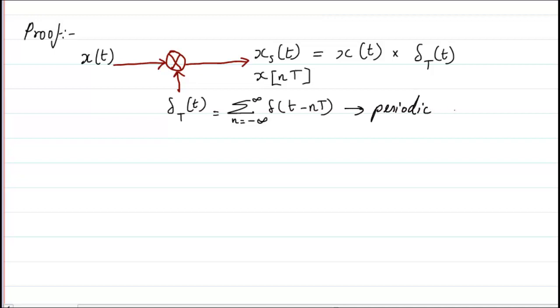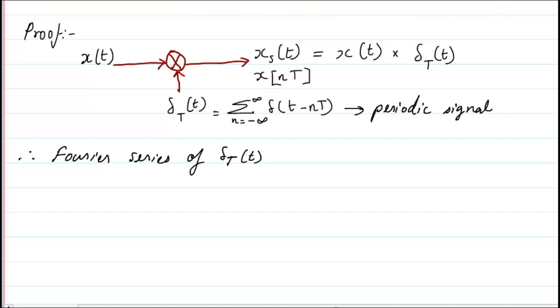And for a periodic signal we don't find the Fourier transform, but we try to find the Fourier series. Okay, so if I am going to look at the Fourier series, therefore I will write the Fourier series of delta_T(t).